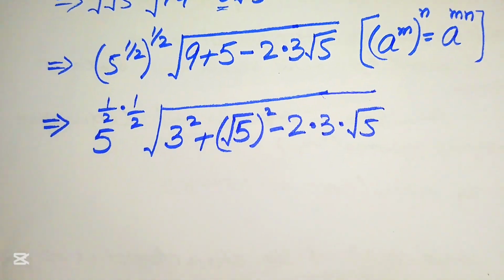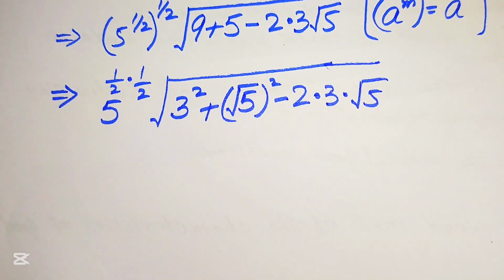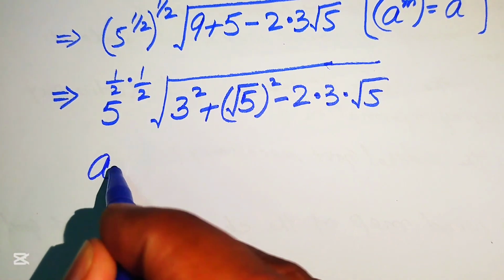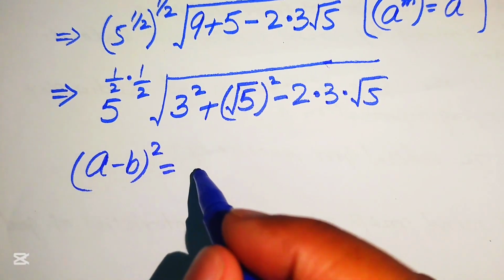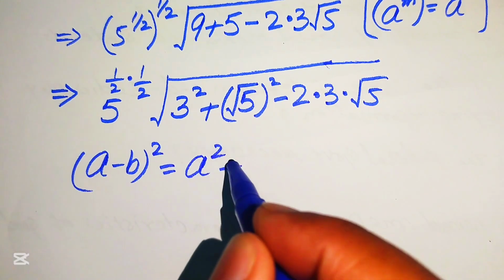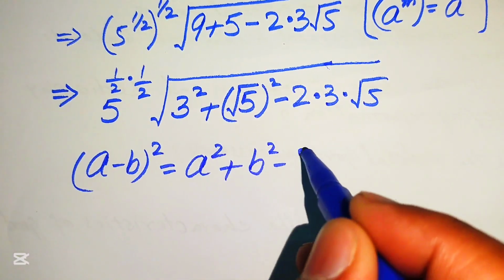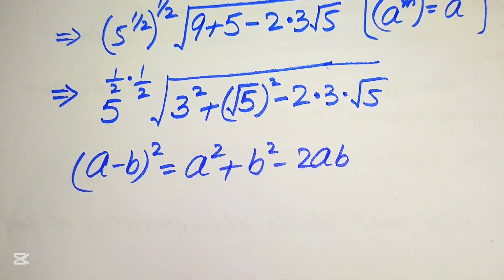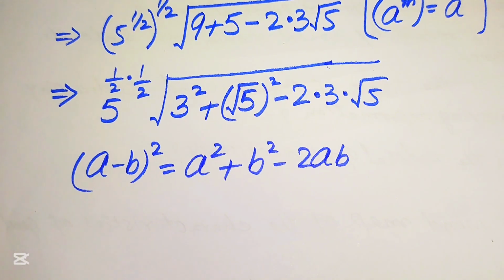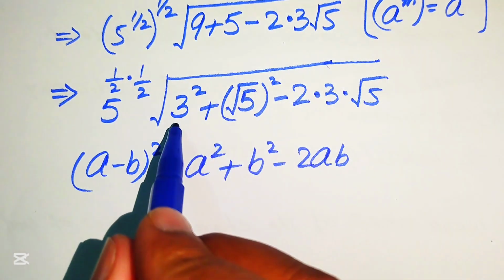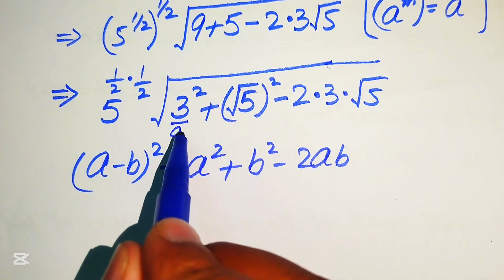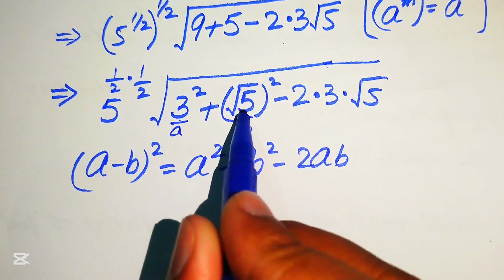Here we apply the algebraic formula: a minus b whole squared equals a squared plus b squared minus 2ab. According to this formula, our a is 3 and our b is the square root of 5.